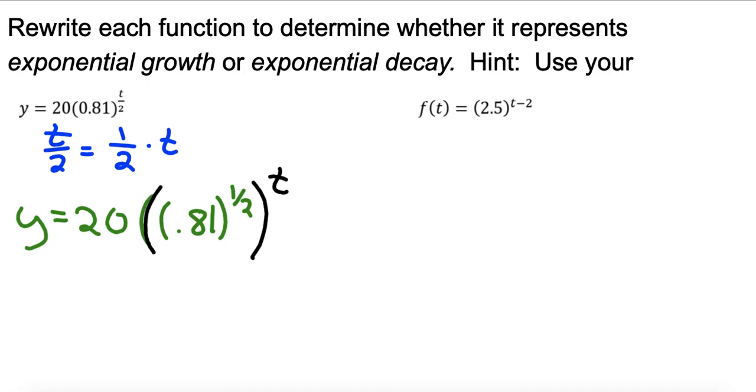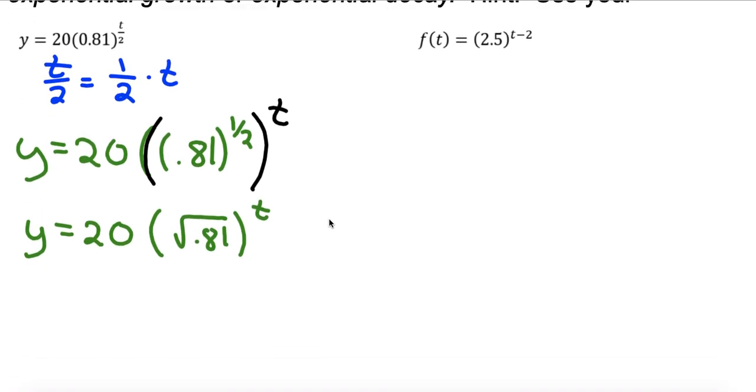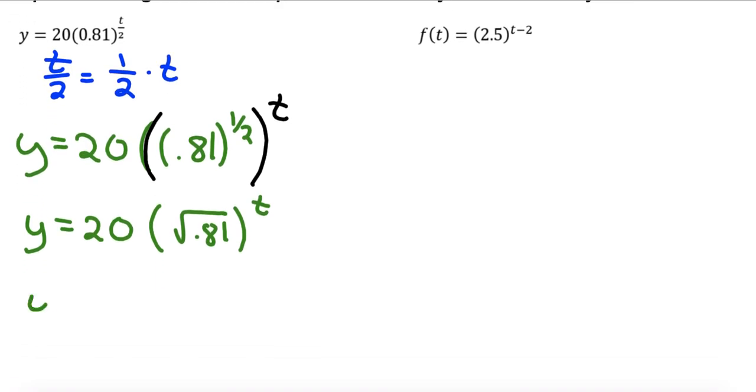Remember, a 1/2 power is just a square root. So we're going to have the square root of 0.81 to the t. And you can do the square root of 0.81 in your calculator. If you do that, the square root of 0.81 is 0.9.